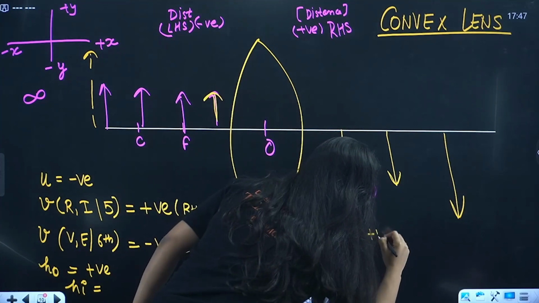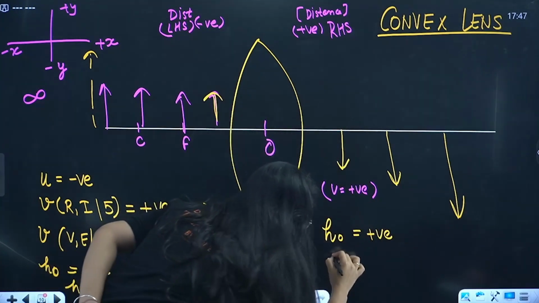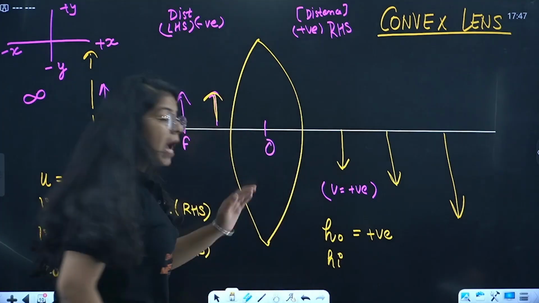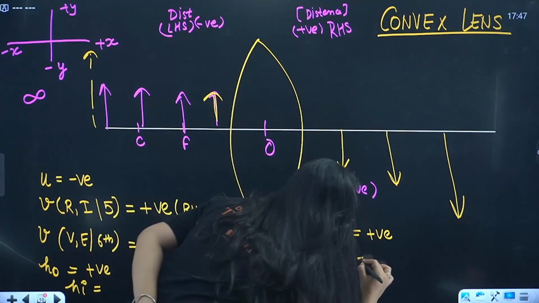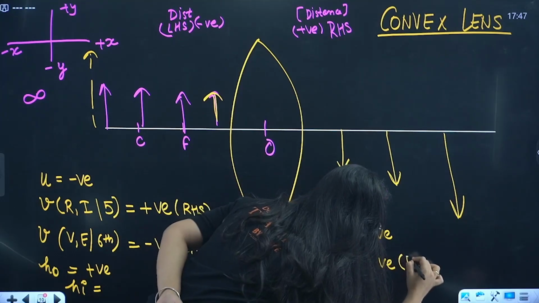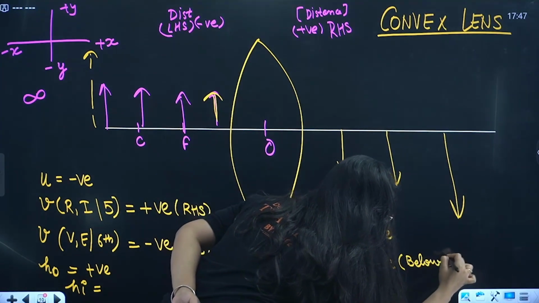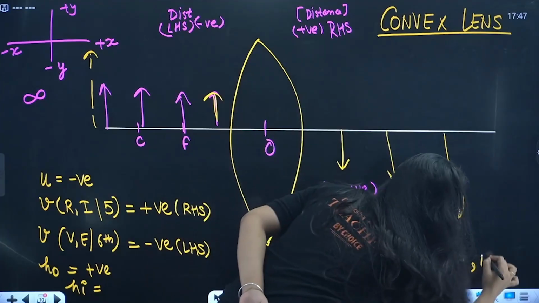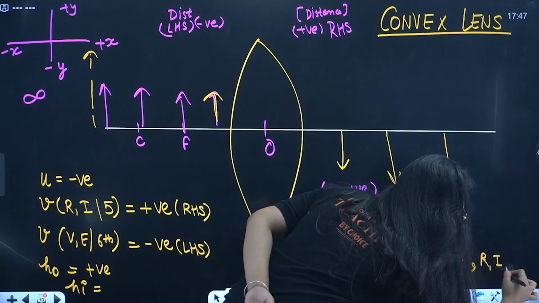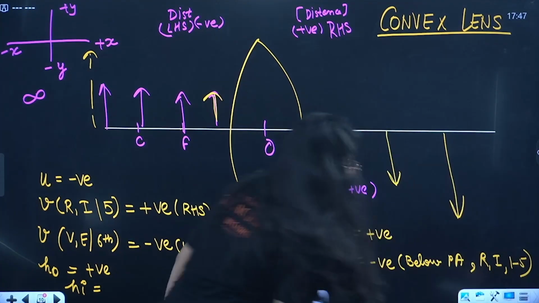These are positive. Height of image below the principal axis. These are negative. It will be below the principal axis for real and inverted images for first 5 cases.